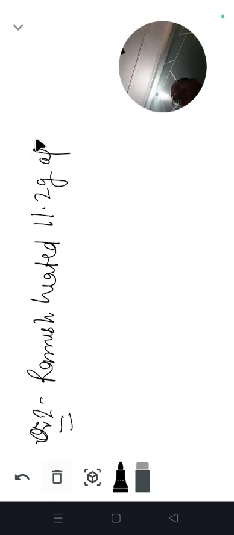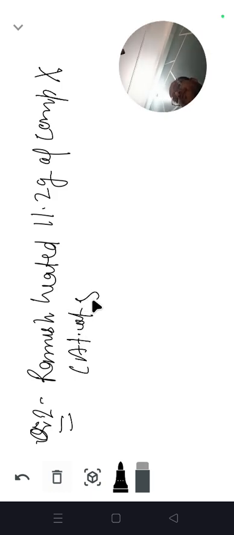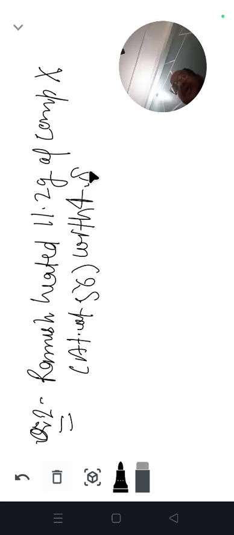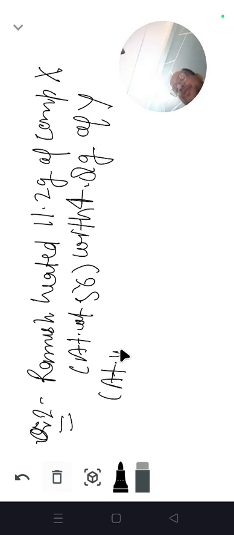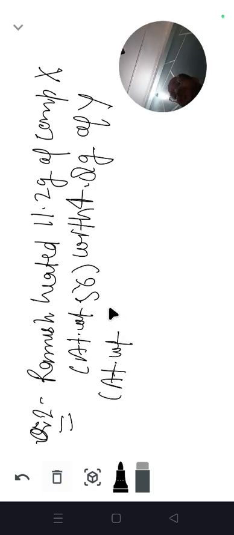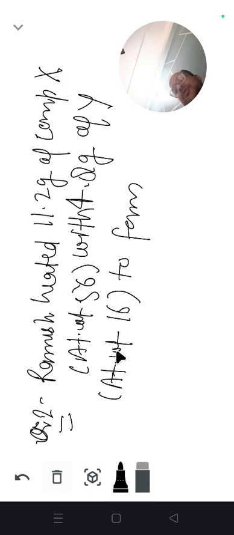Ramesh heated 11.2 gram of compound X, atomic weight 56, with 4.8 gram of Y, its atomic weight is 16, to form the compound.